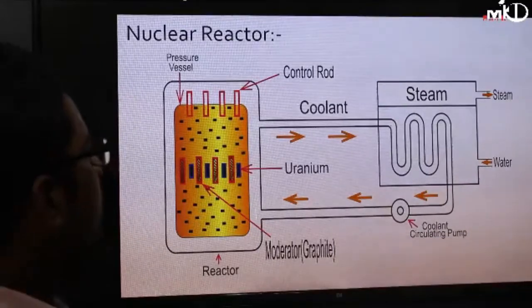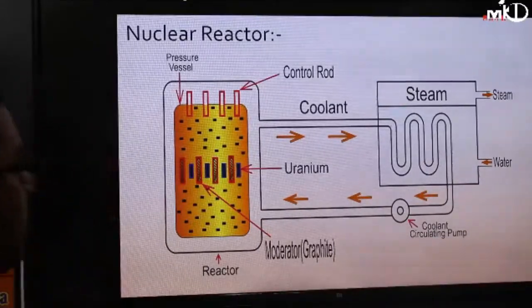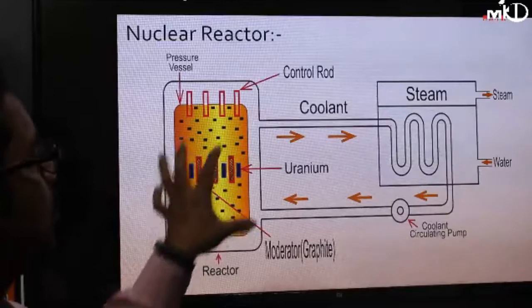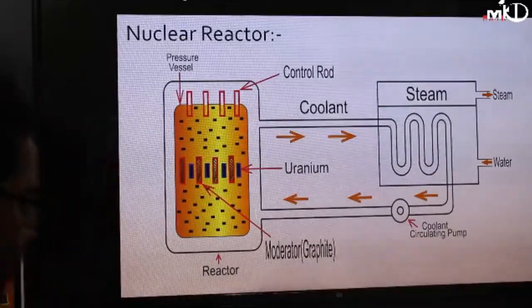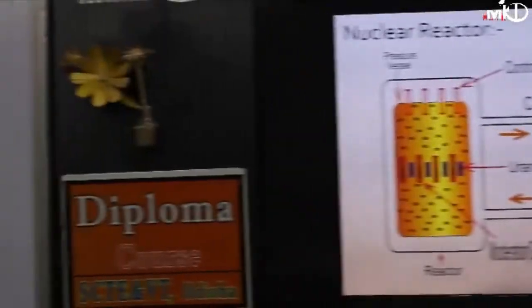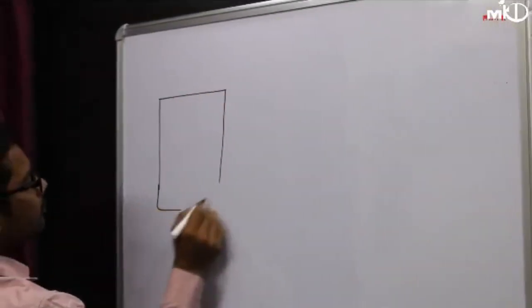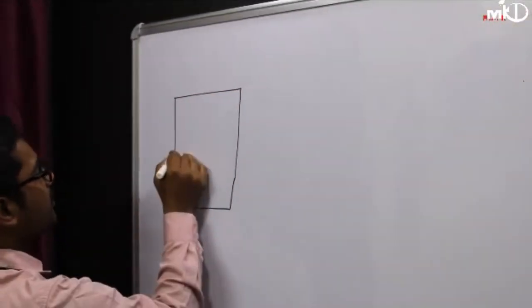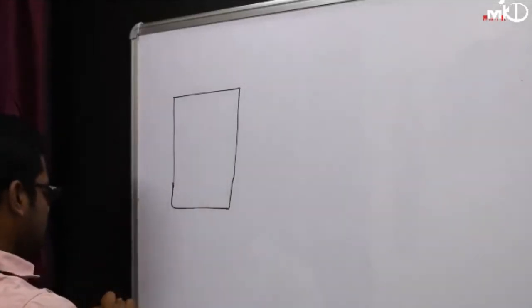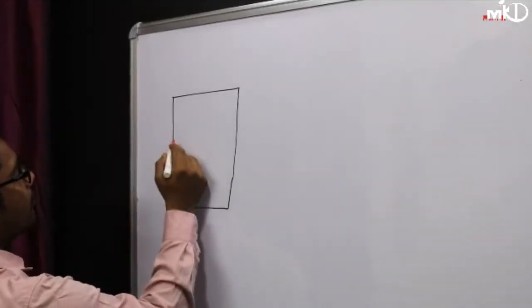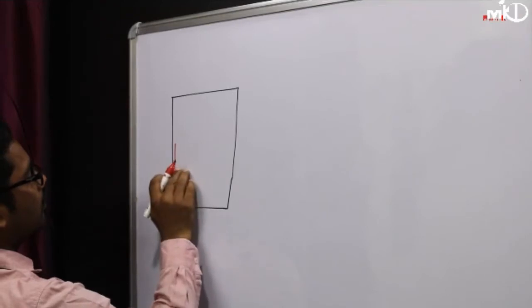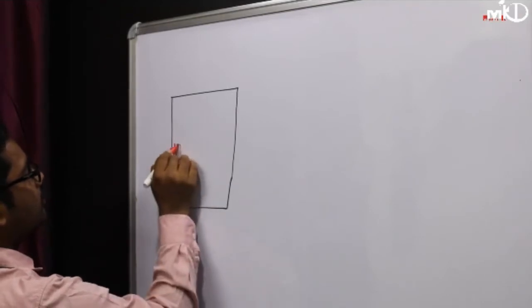So I am drawing one diagram of how the control rod controls the process. Look at the diagram. If this is your pressure vessel, you are having your uranium like that.